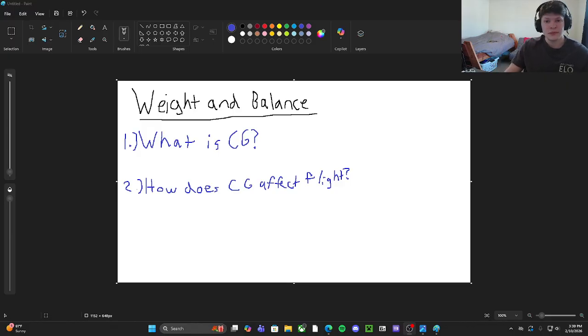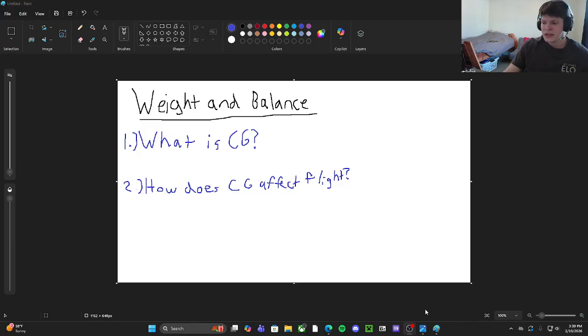In today's video, we're going to be discussing weight and balance. For weight and balance, there's a couple of major things that we're going to cover, with one being what is CG, another being how does CG affect flight. CG means center of gravity, and we're just going to go through and talk about this big term of weight and balance that we've all heard about in aviation.